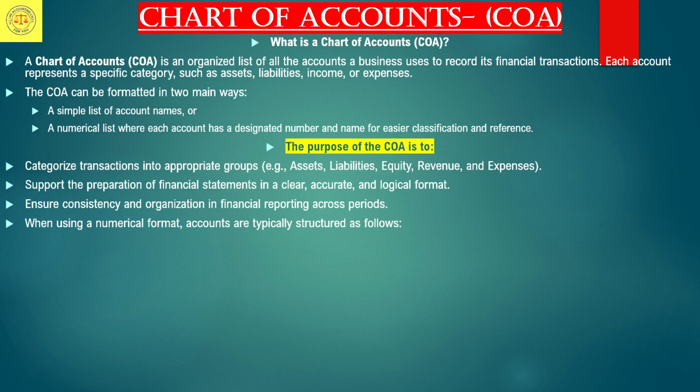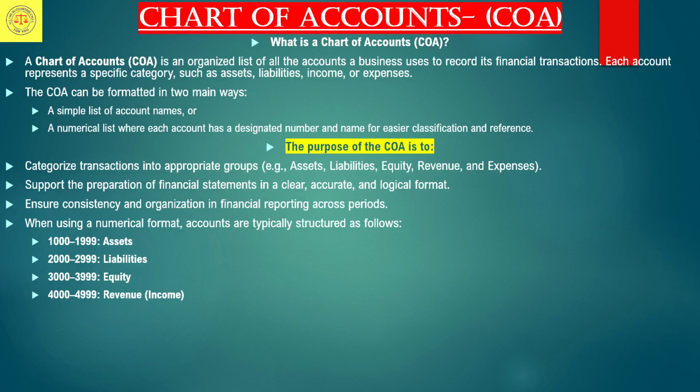When using a numerical format, accounts are typically structured as follows. All the accounts that start with number 1 are for assets. Number 2 for liabilities. Number 3 for equity. Number 4 for revenue or income. Number 5 for cost of goods sold or cost of service.